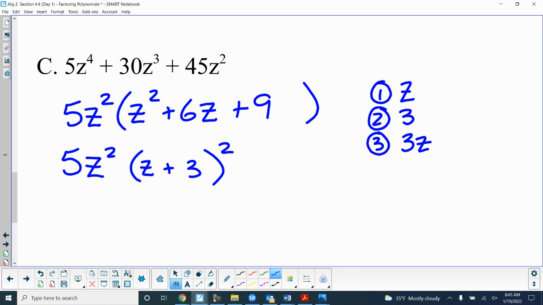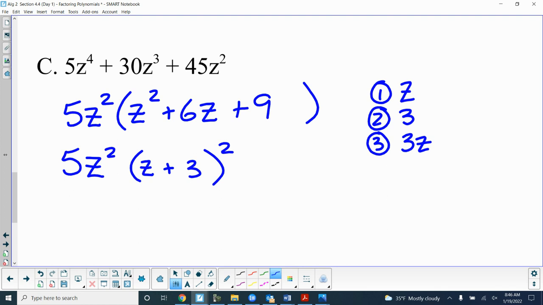That's how we factored one of those special trinomials. Okay? Now, if you didn't see that, you could just write z plus 3 and another z plus 3. That's the same as z plus 3 squared, right? You could still get it doing it as a regular trinomial. The factors of 9 that add up to 6 are 3 and 3, right? So that's one of those special trinomials.